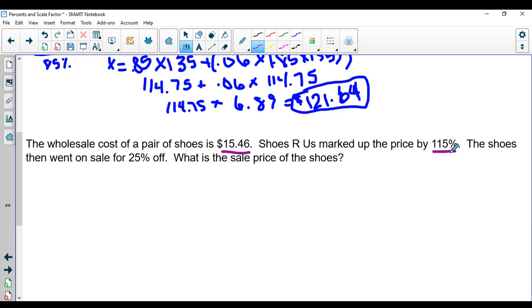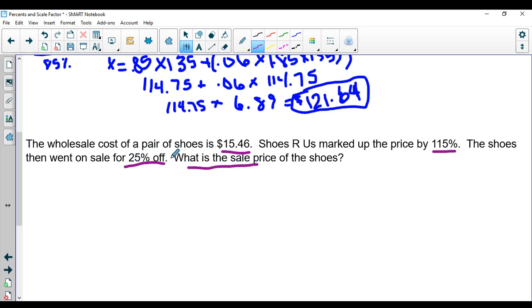So what that means is they took the cost and they are going to charge that $15.46 plus an additional 15% of the cost whenever they put them on their shelves. The shoes then went on sale for 25% off. What is the sale price of the shoes?